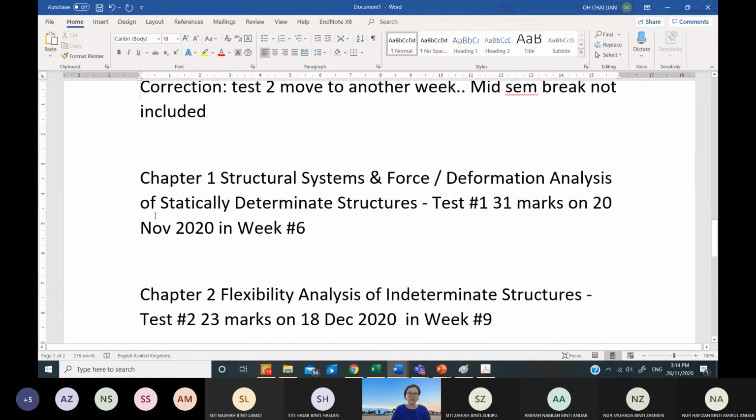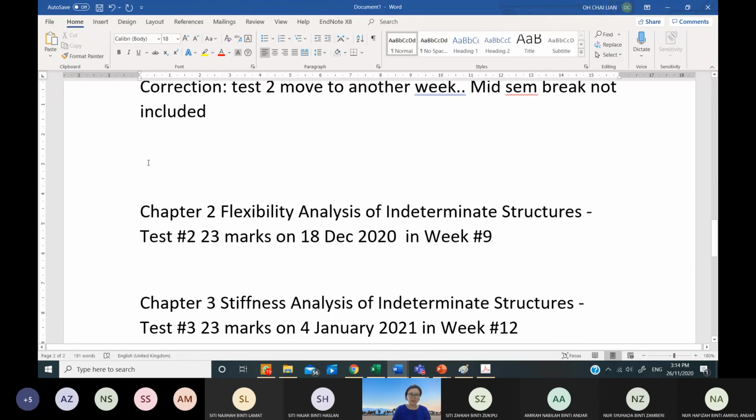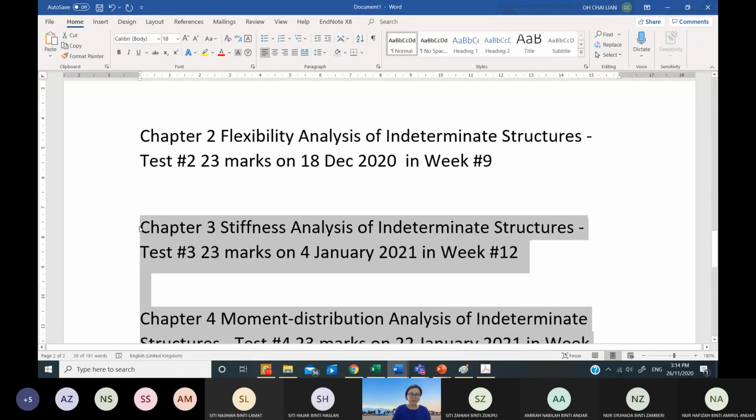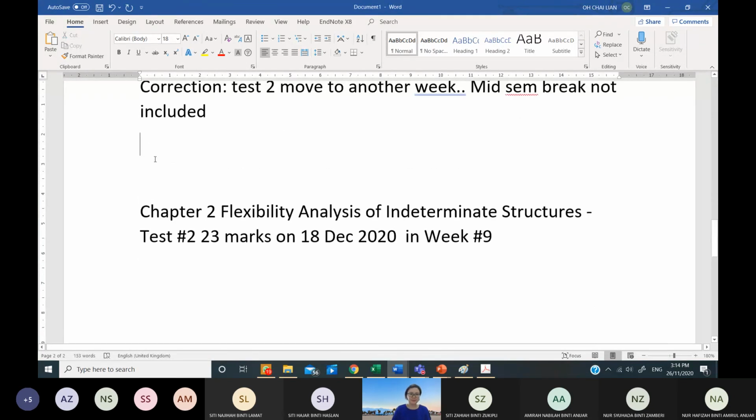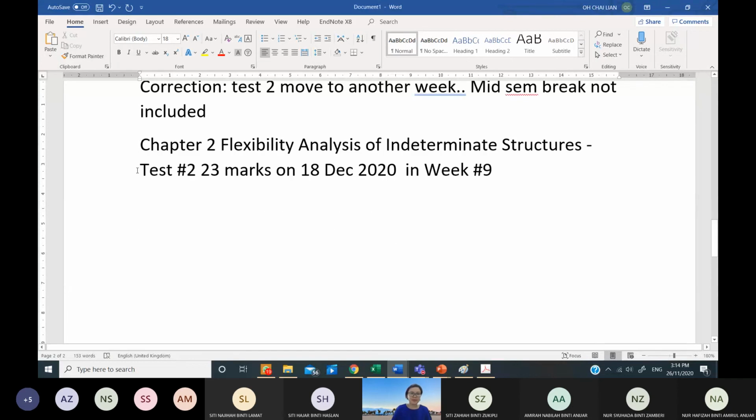Announcements. Okay, one of them is, I think there is nothing so serious about other tests yet. The correction is this one only. Test 2, I think in our earlier date it was 11, but it is not 11, it is 18 December of this year, but the week is still the same, week 9.